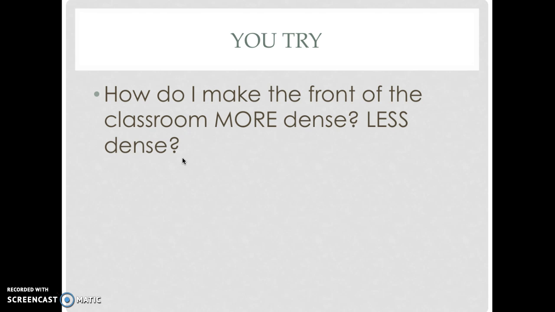If I call all students to the front, the front of the room will become dense. For less dense, I will say, all of you go to the back of the room and only 2 or 3 students will be standing in the front. So that is less dense.